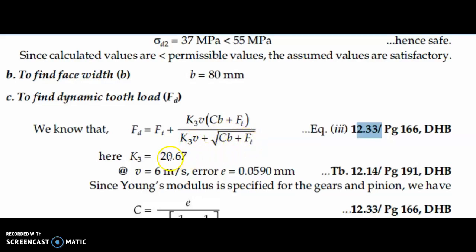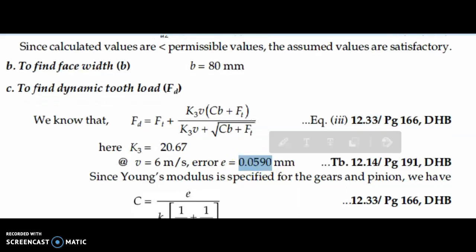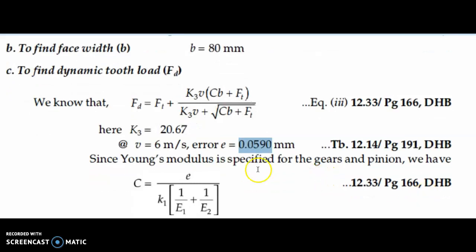Here the value of K3 is equal to 20.67, it is already given in our data book. And next, the value of V is equal to 6 meter per second, and the value of error e is equal to 0.0590. This value is used because in our question the Young's modulus is given, so we can use this equation.